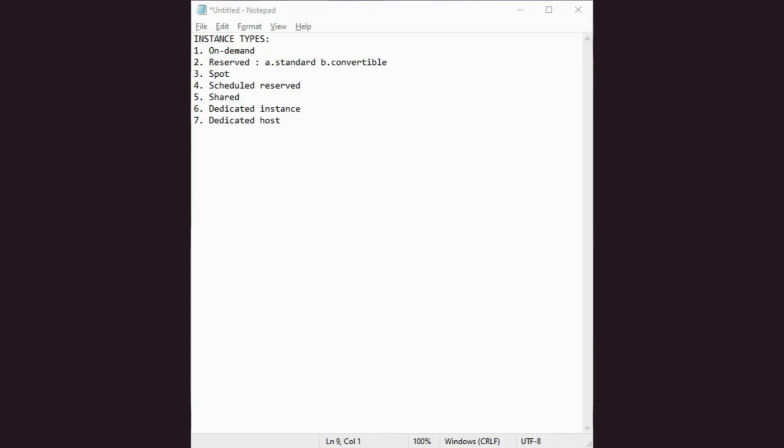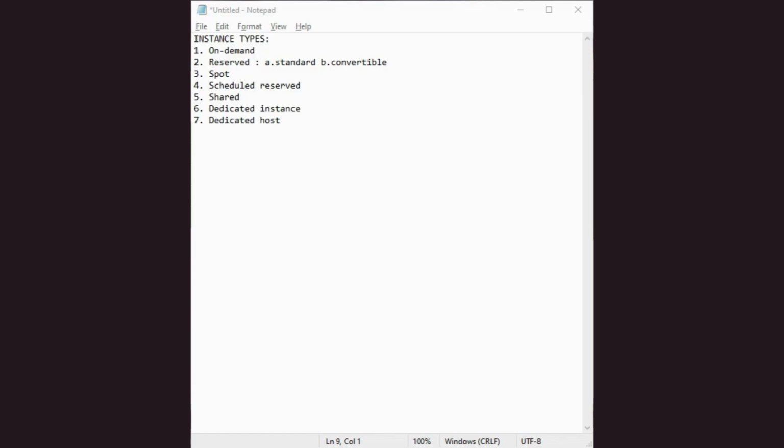So shared instance means the instances that we create and the instances that are created by other users will all be stored in a common storage. So in case there are some 10 users creating an instance, you will have a common storage. It is not that your data is shared, but your instances are stored in a common storage device.